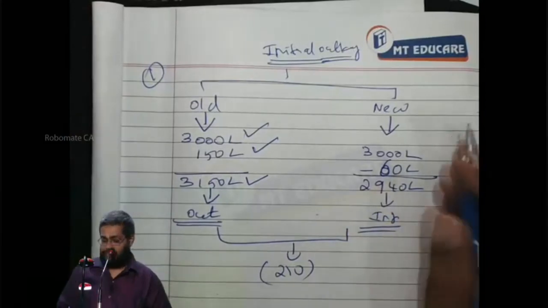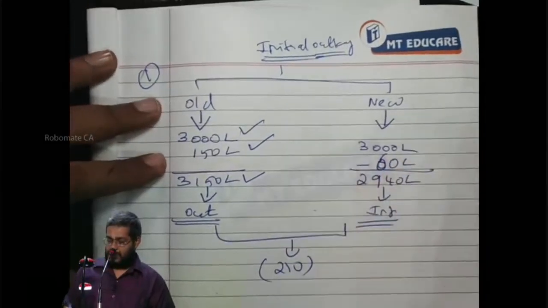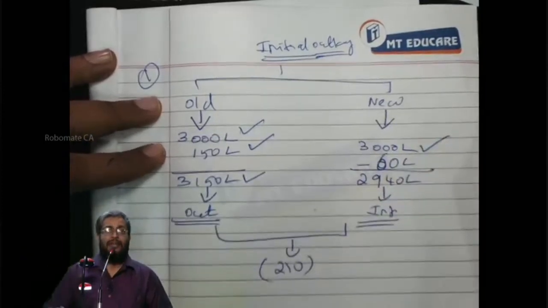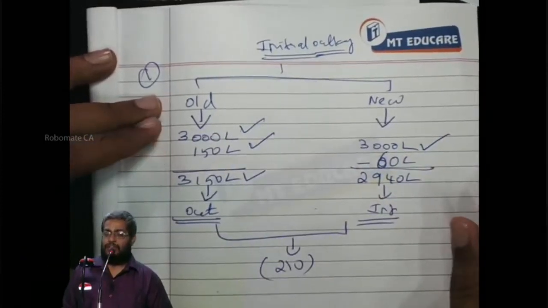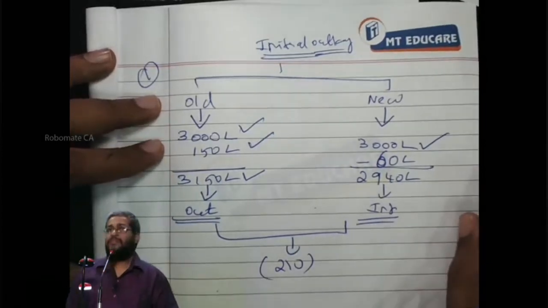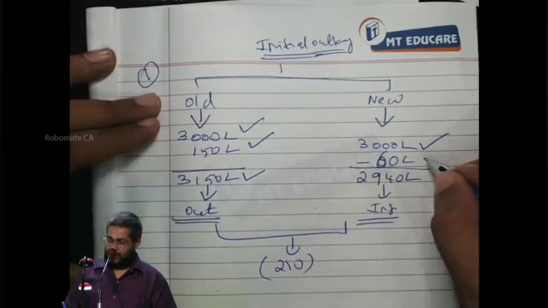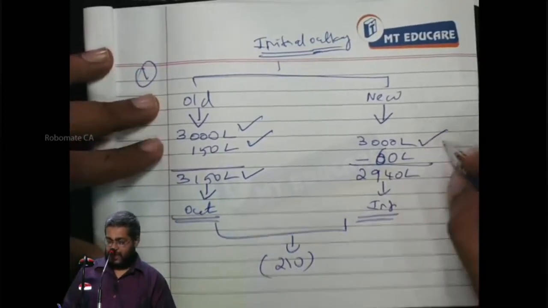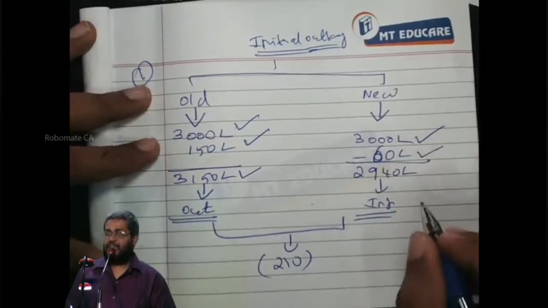New bond issue. Write down: issue proceeds 3,000 lakhs. They did not say anything, hence I assume it to be issued at par. Minus what? Issue cost, 60 lakhs.